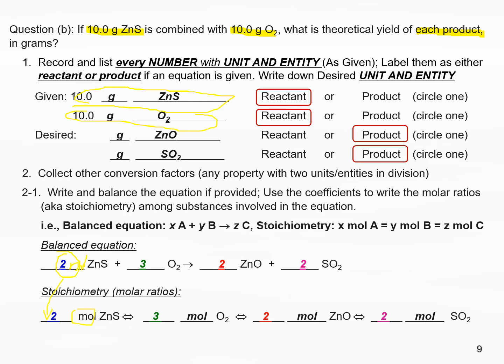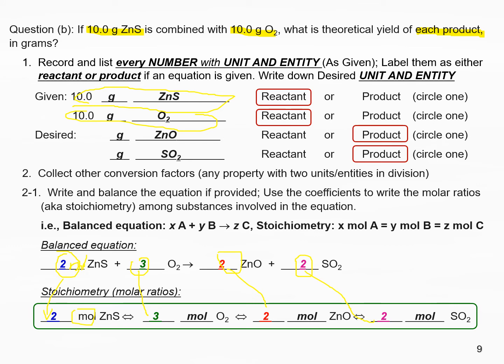So 2 moles of zinc sulfide equals 3 moles of oxygen equals 2 moles of zinc oxide equals 2 moles of sulfur dioxide. This is how we set up the stoichiometry.